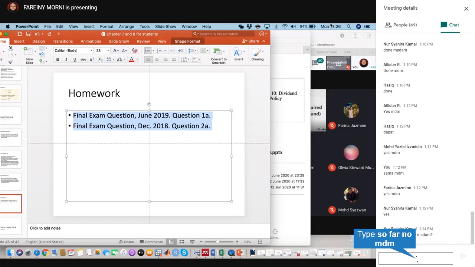Okay, so the next one is capital rationing. This is a theoretical part of this chapter. It is the situation that exists if a firm has a positive NPV project but cannot find financing. So what do they do? What they do is soft rationing.